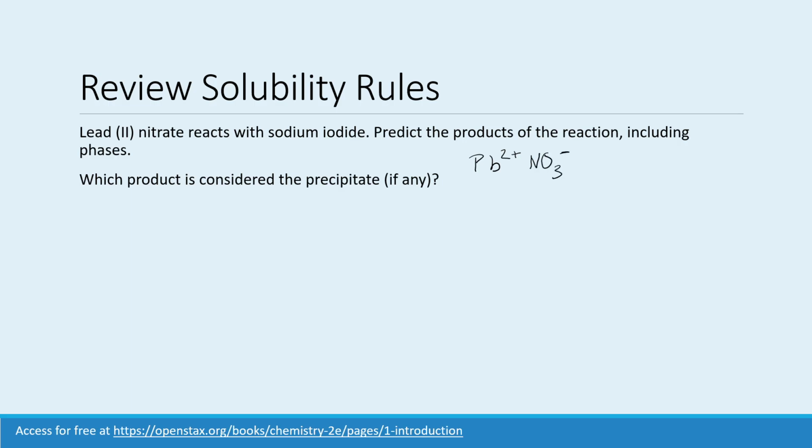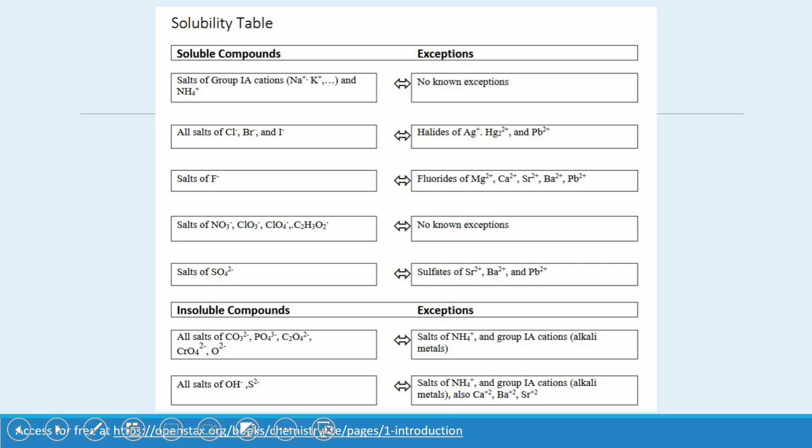If we want to form a compound between these two ions, you take the charges and crisscross them to form your subscripts. So that first compound in the reaction will be Pb, and parentheses around that polyatomic, NO3, and there are 2 of those nitrate ions. Now, to determine the phase for lead nitrate, that's where you're going to need your solubility table, and this is just the one that we use for this class, but there are several others out there.